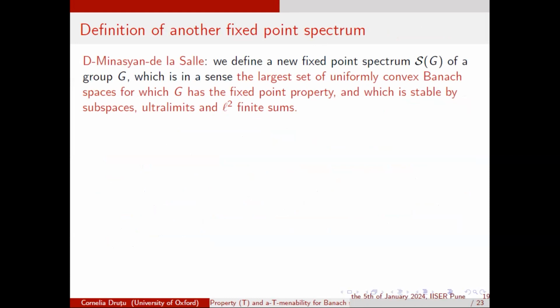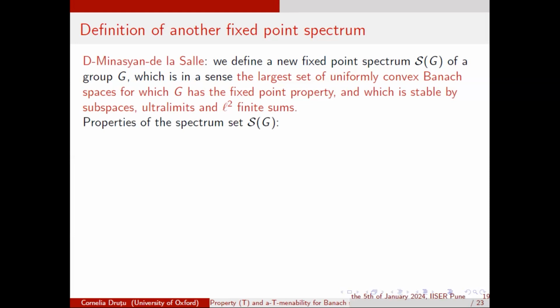For a countable group, we defined a new spectrum for measuring the fixed point properties, which is in a sense really what we wanted: the largest set of uniformly convex Banach spaces, we had to restrict to uniformly convex, for which G has the fixed point property, and which is moreover stable by the operation of taking subspaces, ultra limits, and L2 finite sums. So in a way, this is the best that you can get, the most accurate measure of the strength of property T for that group.